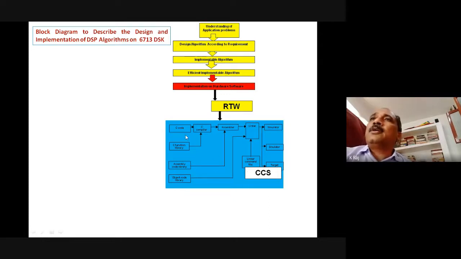Here the C code is considered as the input to the compiler, and we will get the .asm file, and the .asm file will be considered as the input to the assembler, and its output will be the .obj, that is the input to the linker, and the linker's output will be the .out file that will be used by the simulator, emulator, or the target.